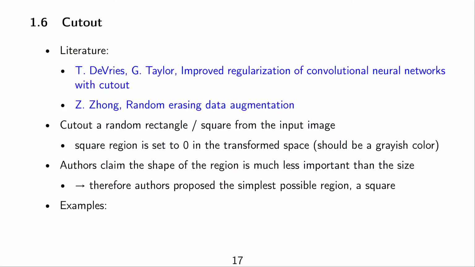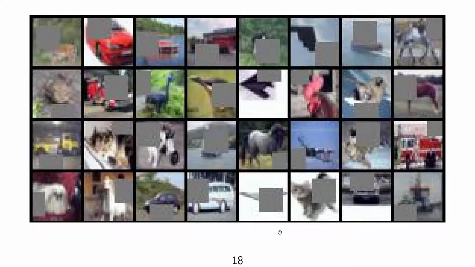Okay, now let's go back to CutOut, a paper by DeVries and Taylor, or a similar paper by Song, that I will again explain just using the image on the next page. The idea is to make the classifier more robust to noise or change, or more robust to the generation of the input images, and therefore we can cut out a square somewhere in the input image.